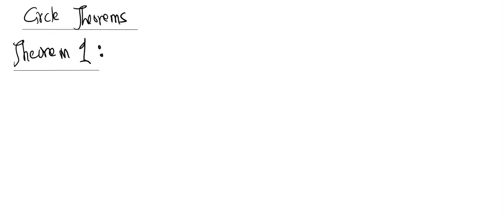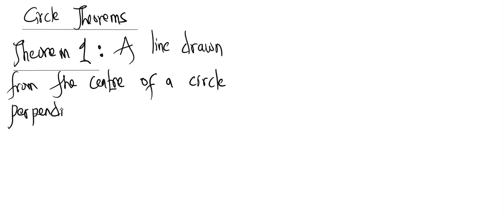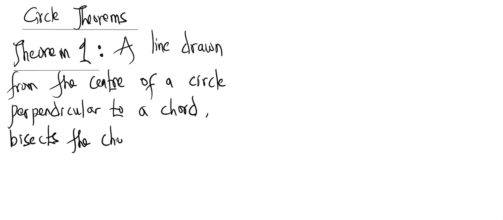A line drawn from the center of a circle perpendicular to a chord bisects the chord. A line drawn from the center of a circle perpendicular to a chord must bisect the chord.